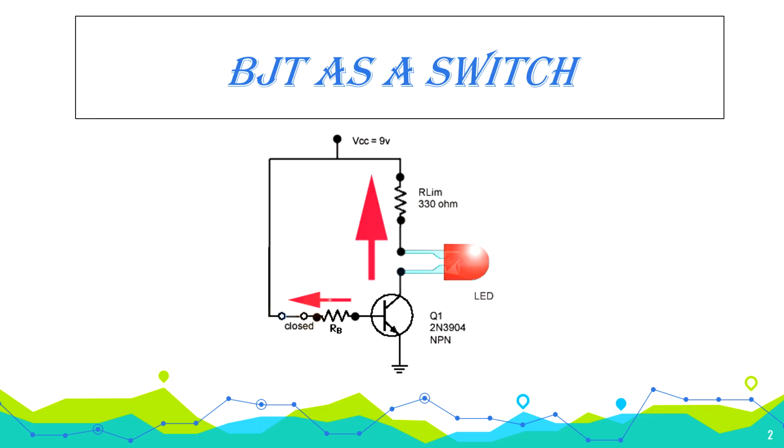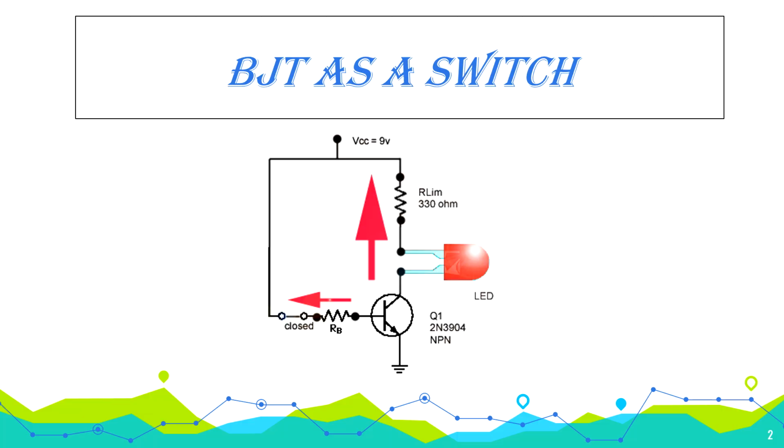A BJT, that is a bipolar junction transistor, has three regions to work. First is the active region, where a BJT goes from off state to on state. Second is saturation, that is a BJT is in complete on state. And third is the cutoff region, where the BJT is in off state.